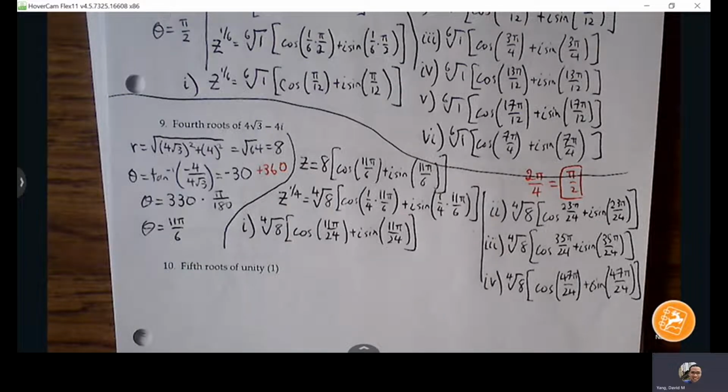We'll do number 10. Number 10 is just finding the roots of 1 plus 0i. So roots of unity. Unity, in this case, is the special name for a complex expression that is 1 plus 0i. So we call it roots of unity.